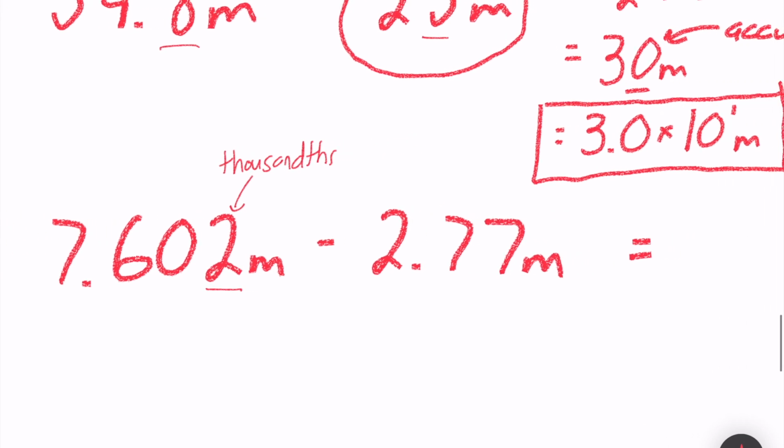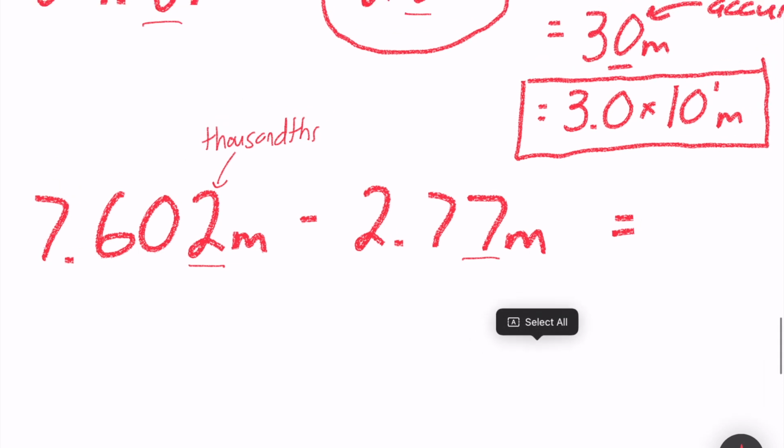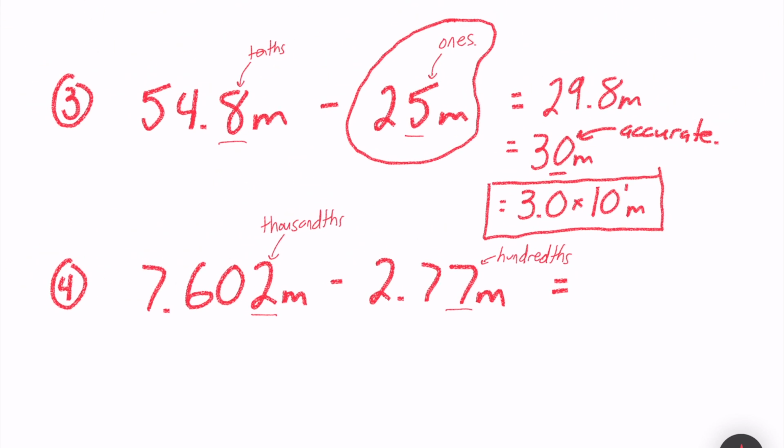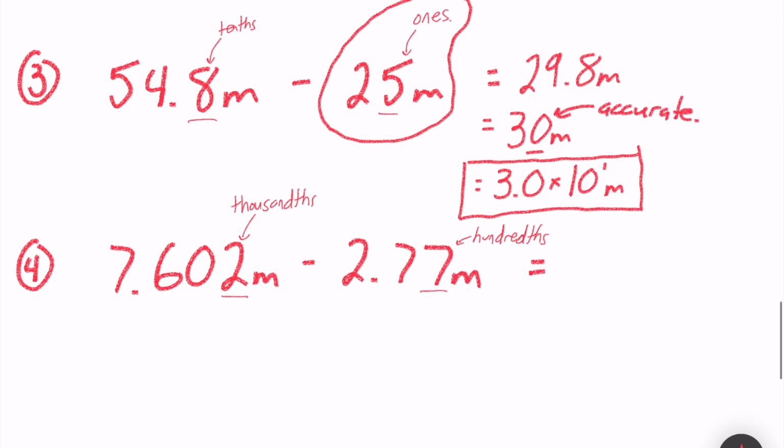In 2.77 meters, we're accurate to this last 7 here, which is our hundredths position. So we can keep sigfigs up to the hundredths position in our answer.